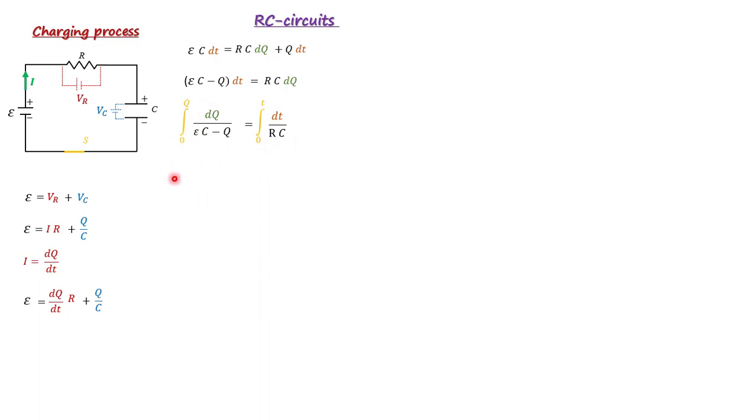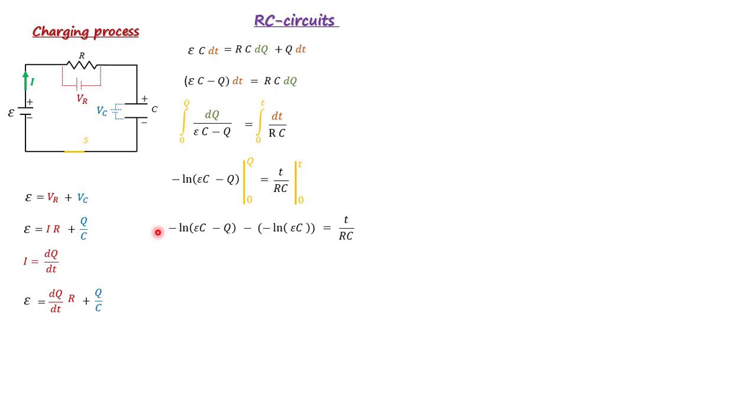So the integral of this part is minus ln epsilon C minus Q from 0 to Q, and the right side is just t over RC from 0 to t. So when you put these limits, you get minus ln epsilon C minus Q minus ln epsilon C, and on the right side we have just t over RC.